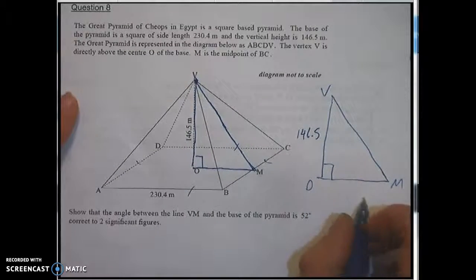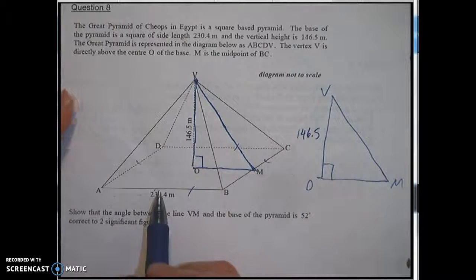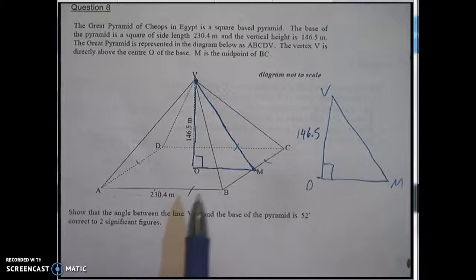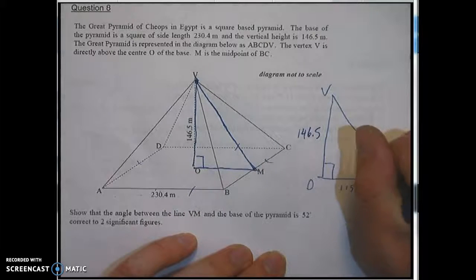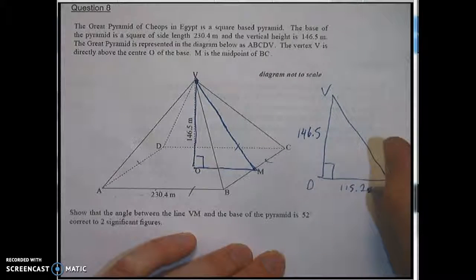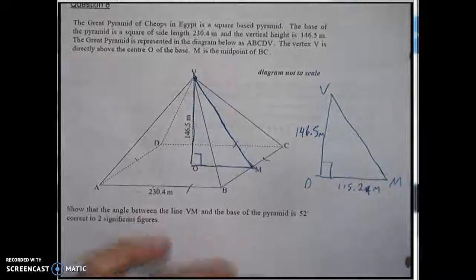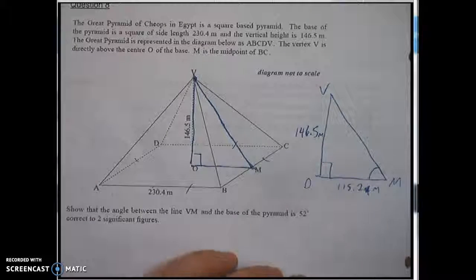And the length of OM is simply half of 230.4. And half of 230.4 is just 115.2 meters. These are meters. And the angle I'm trying to find is the angle between that line and the base. So it's this one on the bottom.